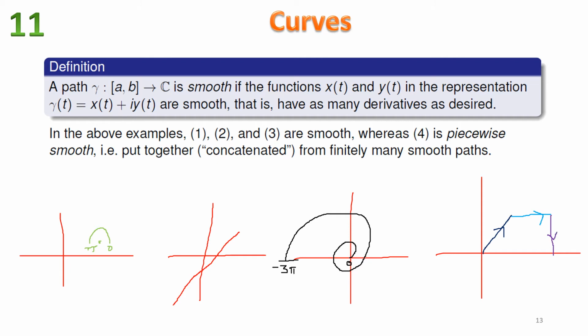So this makes a smooth path, a curve, and you can find as many derivatives as you want. This is also nice and smooth. In fact, it is a straight line. The spiral one is also a smooth path that you can call a curve, and this one is a little tricky.